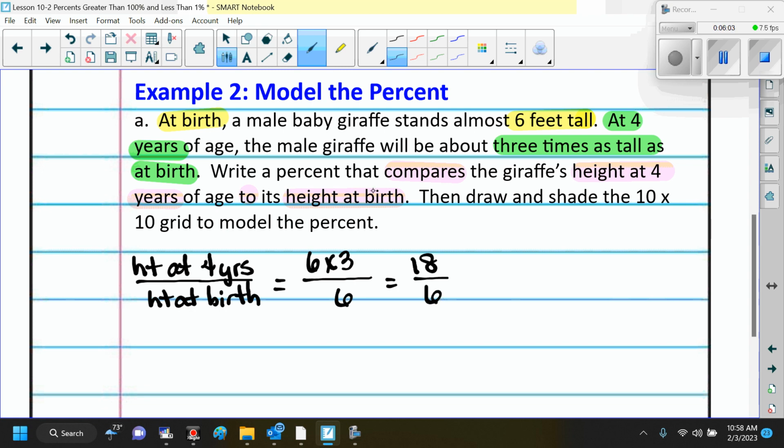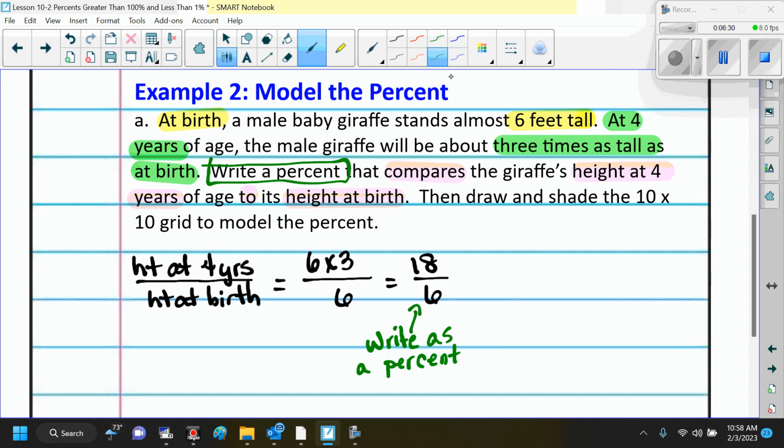Now, it says we want to write a percent. Does everybody see that? So we want to write this as a percent. What does a percent have in the denominator? 100, per 100, right?